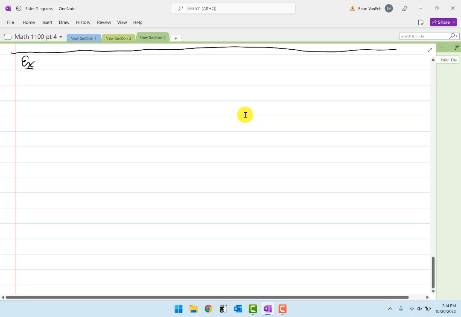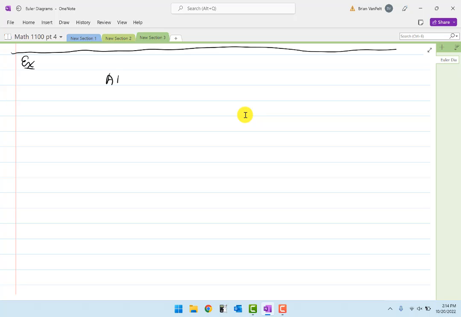Another one of our arguments, we had all blogs contain writing. This book contains writing.